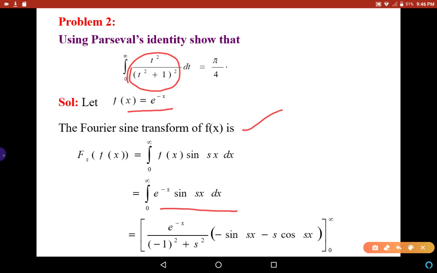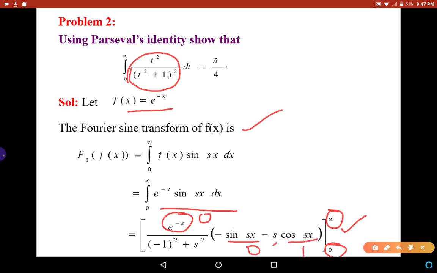By applying the integration formula here, we get e power minus x by minus 1 whole square plus s square into minus sin sx minus s cos sx within the limit 0 to infinity. Now substituting the limits, upper limit is infinity. If we substitute infinity here, e power minus infinity becomes 0. So the first term is 0 minus, if we substitute 0, this is 1 by s square plus 1, sin 0 is 0 and cos 0 is 1.